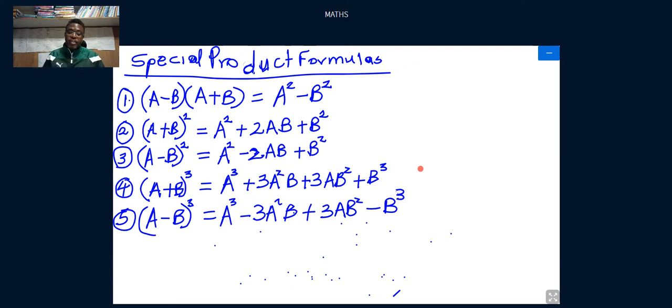You will get this. You will see that if you multiply A and A, you'll get A squared. And you multiply A and B, you get positive AB. And then you come again, you multiply the inner, negative B times A, you get negative AB. This positive AB, plus negative AB, gives you 0.